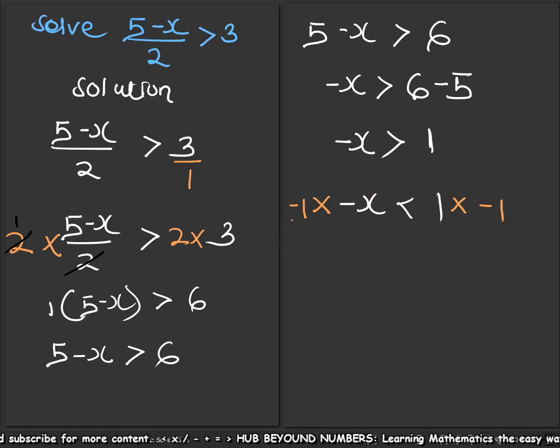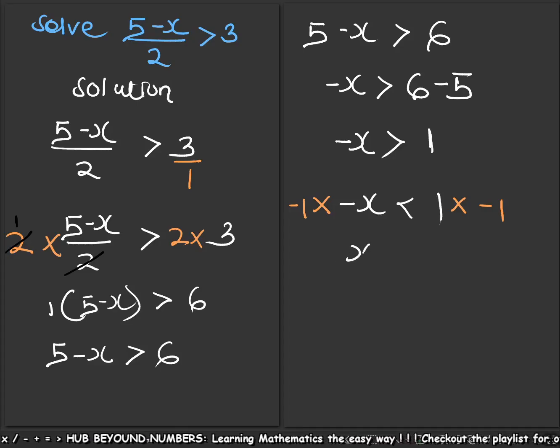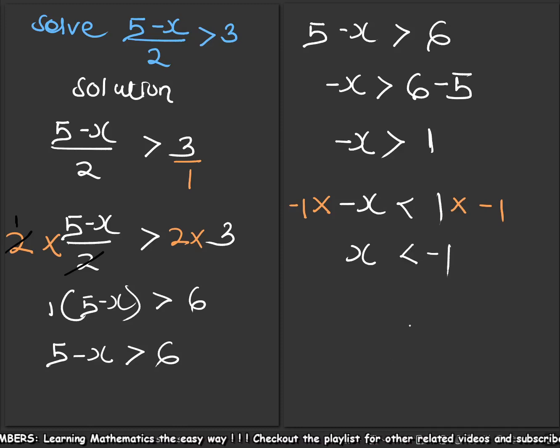So negative 1 times x gives us x, which is then less than 1 times negative 1, which is negative 1. So this here becomes our solution. If you were to divide, you'd still get the same thing. So you can try that, then let me know in the comment section if you had the same thing.